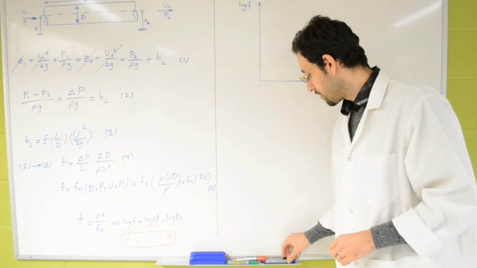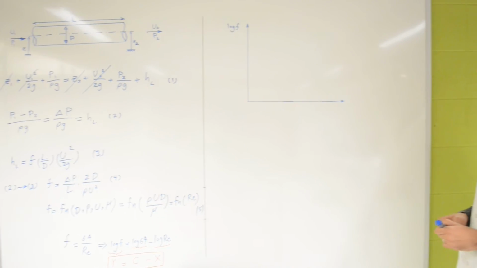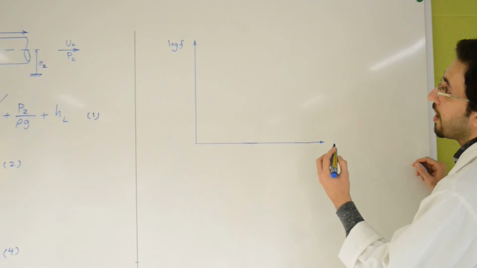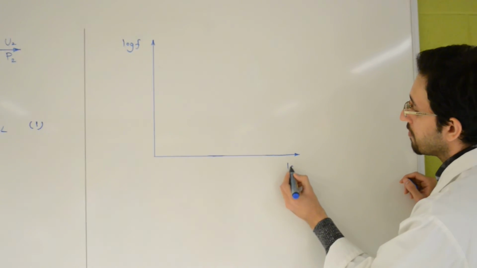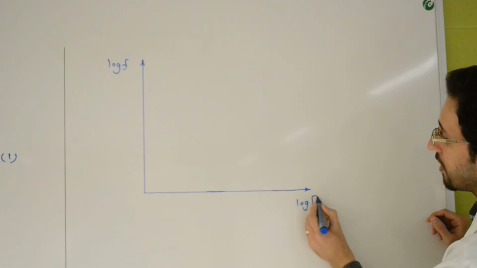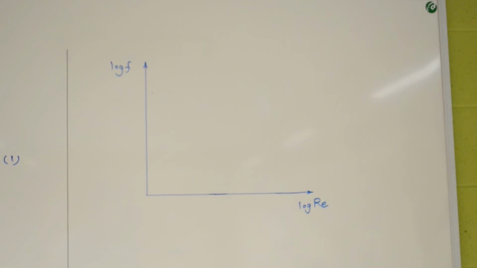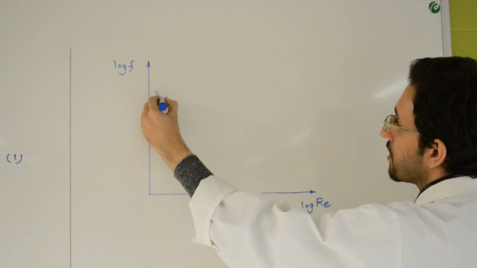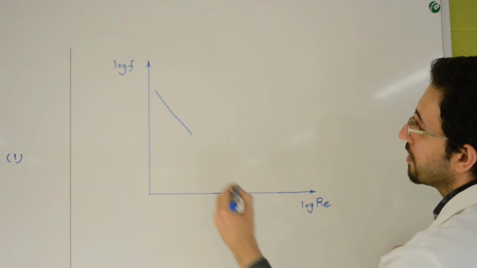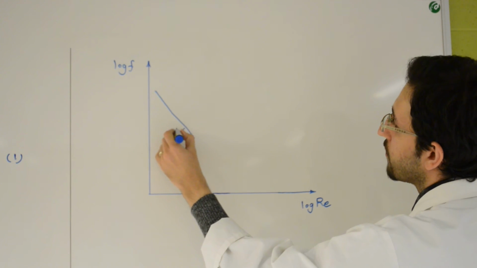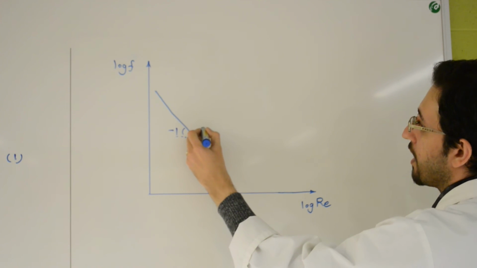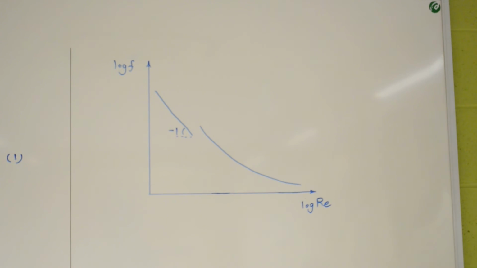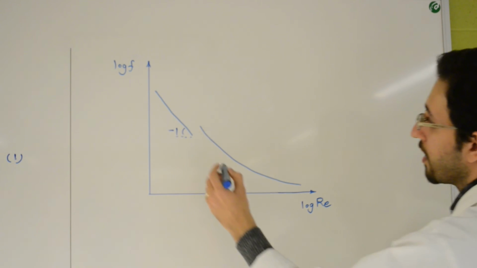Now if I want to plot these relations on f versus Reynolds number in a log-log scale, the laminar region is a linear curve with a slope of -1, and this is what the turbulent region looks like.